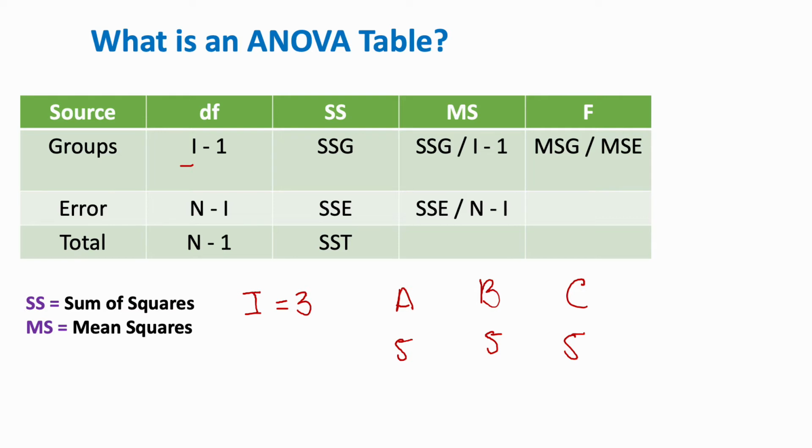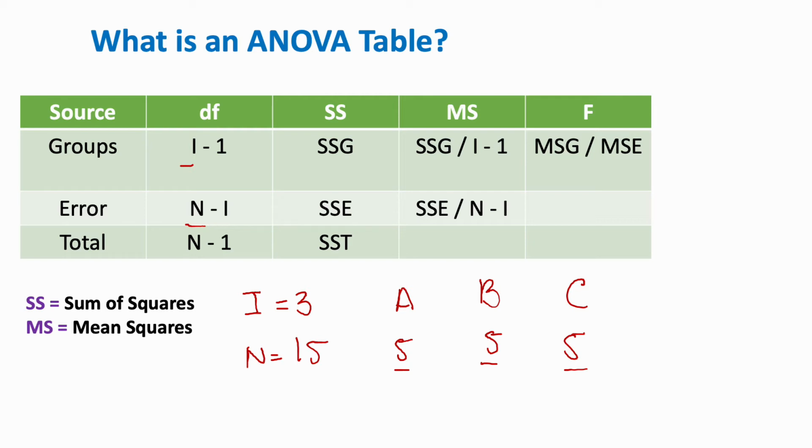The next thing we need to understand is what is n and how does that relate to our error? Well, n is the total number of samples that we take. For example, in this case, we have 5 participants in each group, so we have 5 plus 5 plus 5, and n is going to be equal to 15, okay?